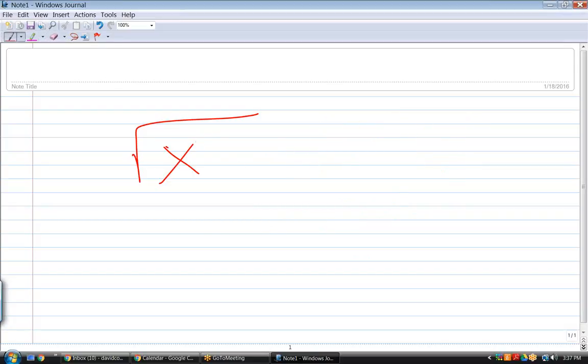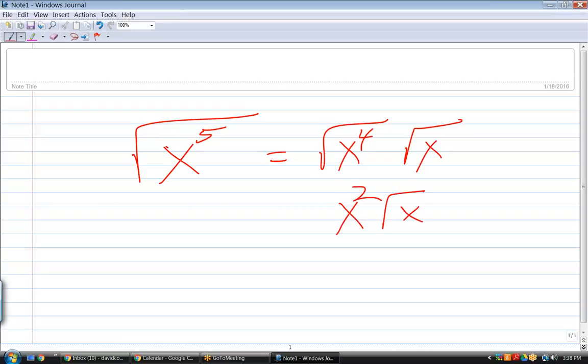And one last one before we go from this subject. Root x to the fourth. No, that wouldn't work out. Yeah, no, that's first step. Root x to the fourth, root x, and you'd have x squared root x. Good.